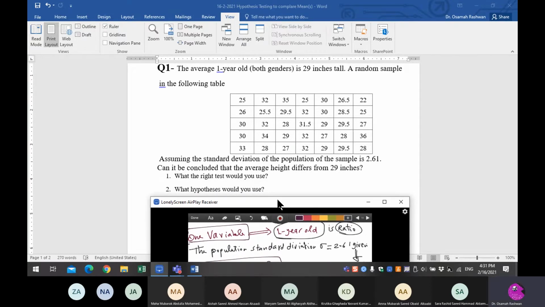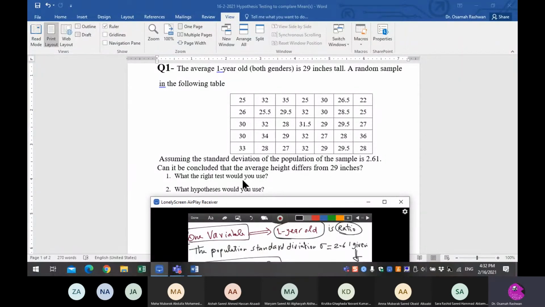I have two hypotheses, H naught and HA. What is H naught? It is mentioned here. He said the average height equals 29. This is the null hypothesis.